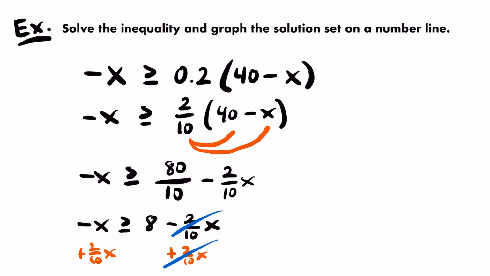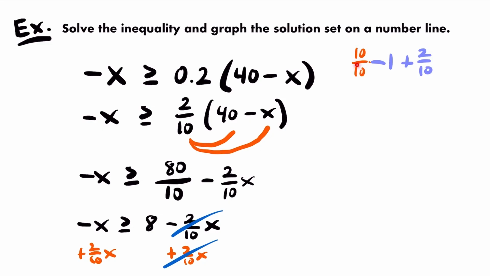So doing that on the side here, if we have negative 1 plus 2 tenths, what would that be equal to? Well, you would want to rewrite negative 1 to be in terms of tenths, so that these two terms have common denominators. And so what you could do is multiply negative 1 by a form of 1, 10 divided by 10, because that would just be 1.